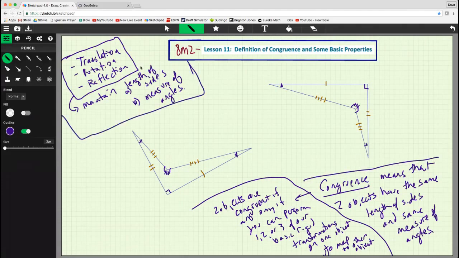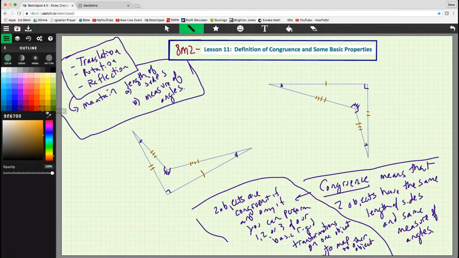So let's just kind of box all that up and see if we can make some sense of that, and then show some examples. These two objects that I've drawn here, this is object 1 and this is object number 2.